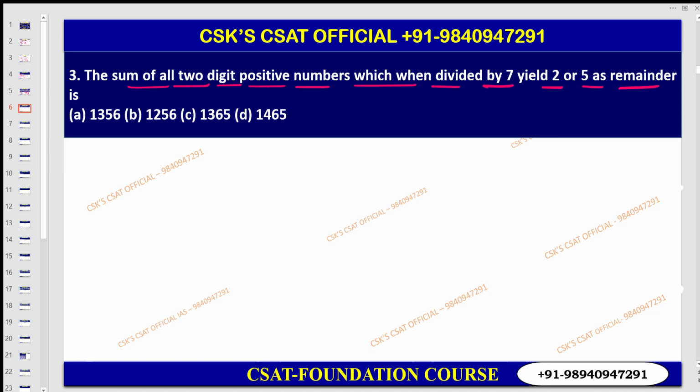So what is the first number which when divided by 7 yields a remainder of 2? What would be the first number? 16. When 16 is divided by 7, you will get a remainder of 2. This is the first number, right? Then what is the second number?